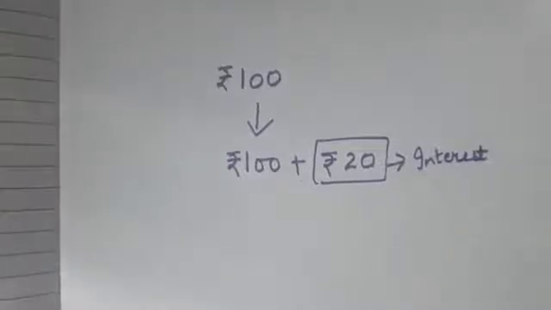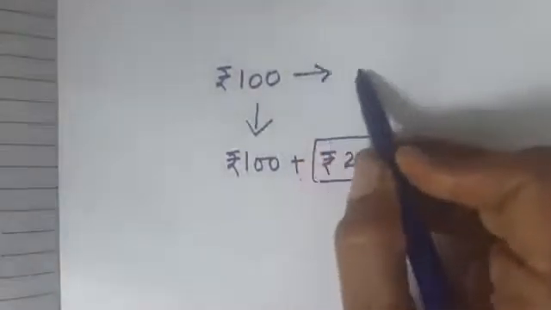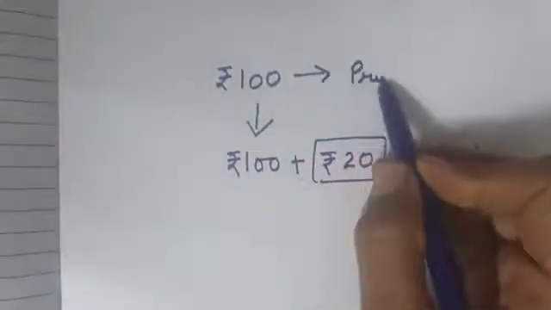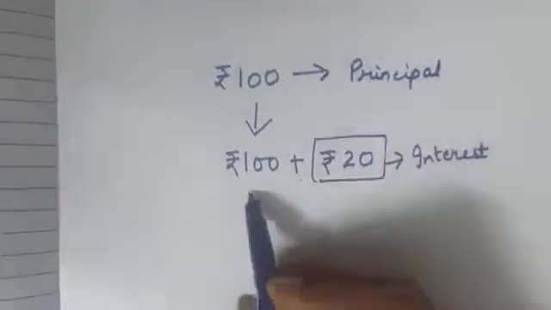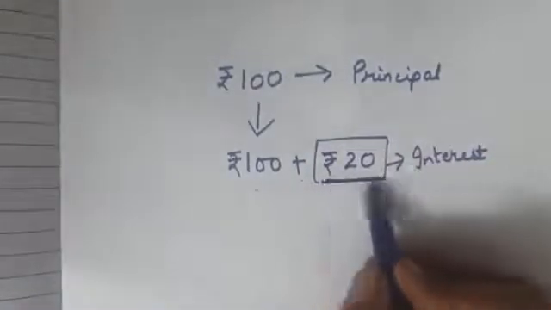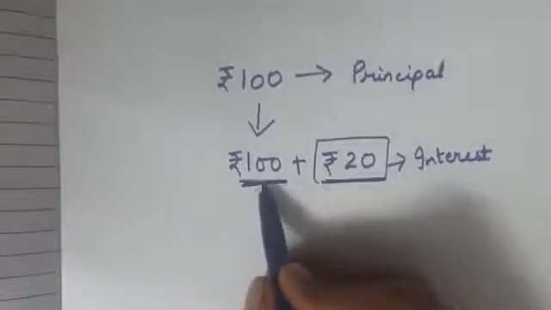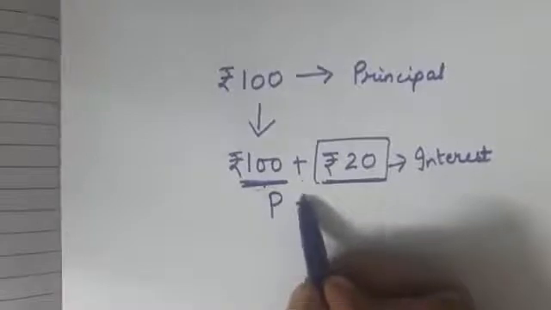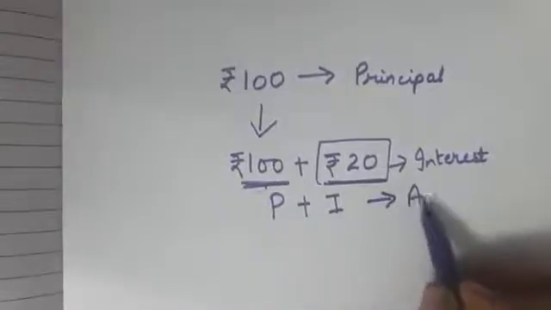This is just a simple example I am taking. So now this will be the principal, the money you borrowed. Now this is the interest, this is the principal, and principal plus interest gives you amount.